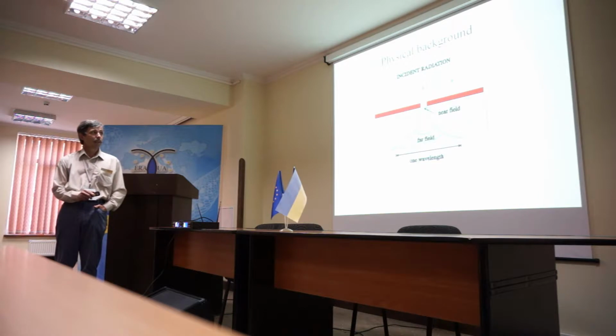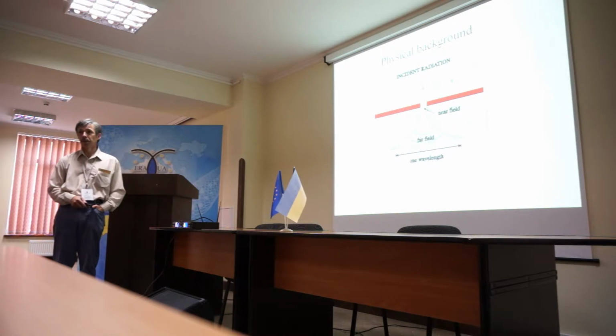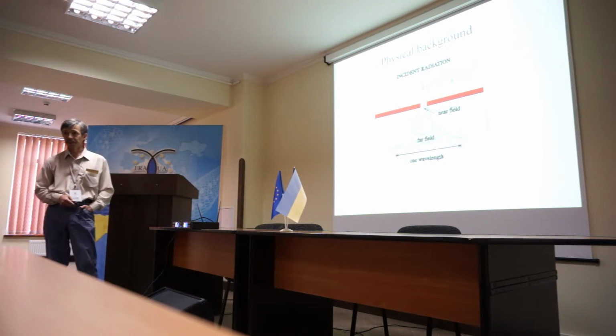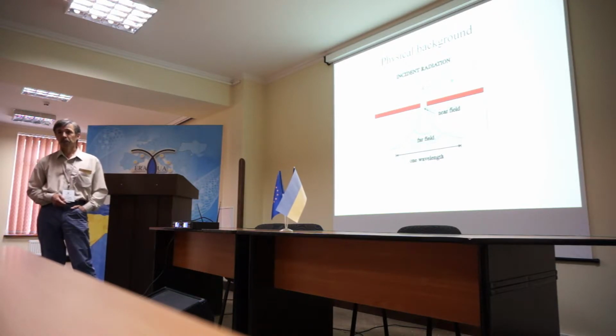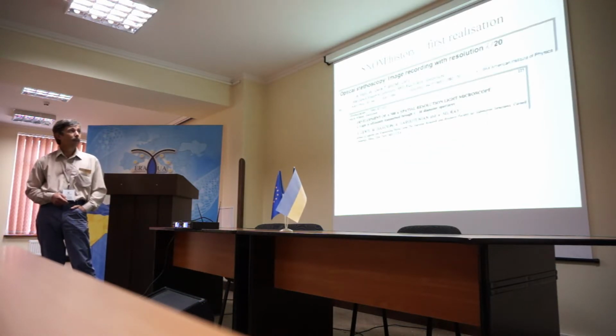But just after the aperture, we have a much more squeezed field, and just this field will interact with our object, and we will receive the information, if we can register it, just from the area of interaction of the field with the object, which is defined by the size of the field localization. So it's such a rough description of the background of near-field optics.